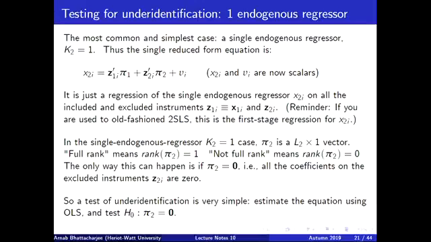And this X2i and Vi are now scalars. On the right hand side, we have the other regressors which are exogenous plus all the instruments. And there are multiple instruments here, potentially. Okay, there needs to be at least one.